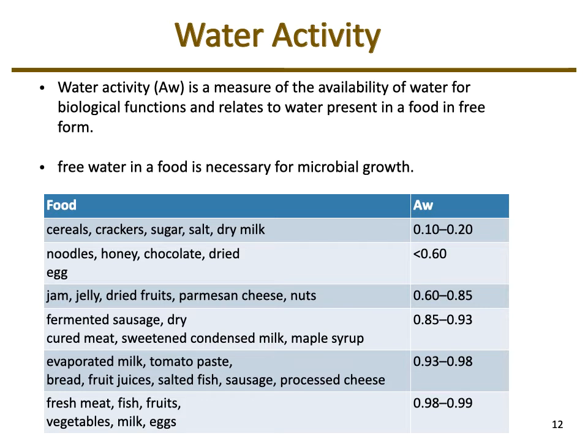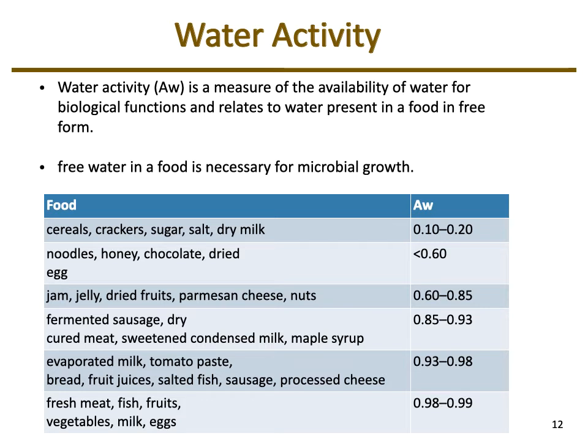You can see in this table that some of those dry, shelf-stable products like cereals and crackers or sugar have a relatively low water activity. There's not a lot of water available, so that actually inhibits microbes from growing in it. And this is why you could leave your cereal out, and you don't have to refrigerate it to prevent microbial growth.